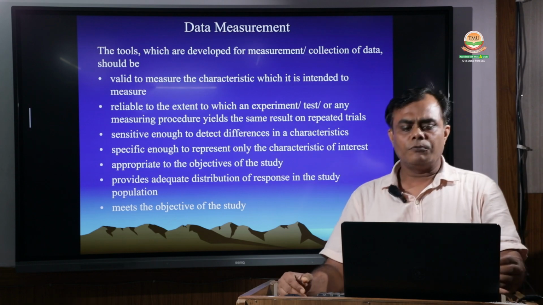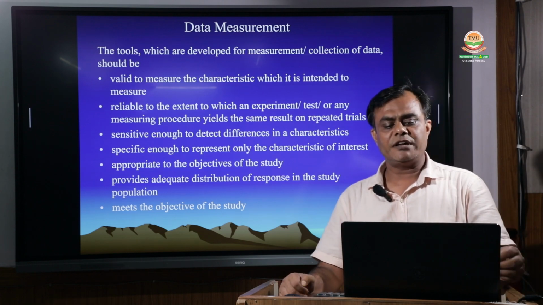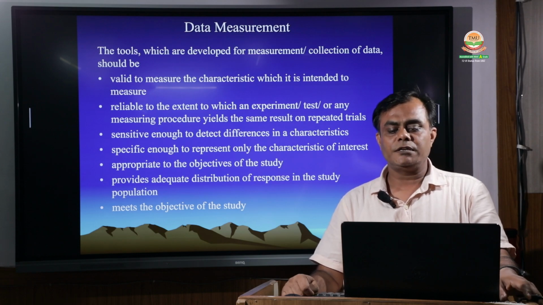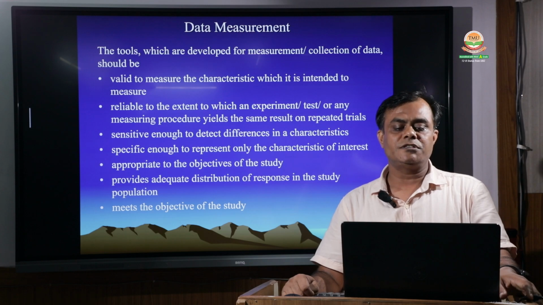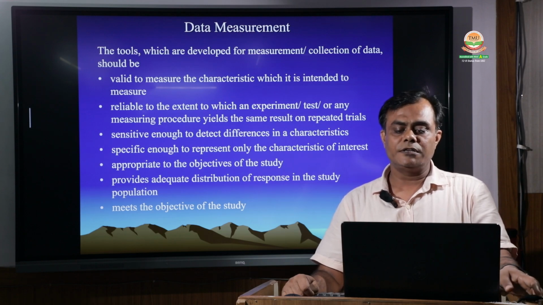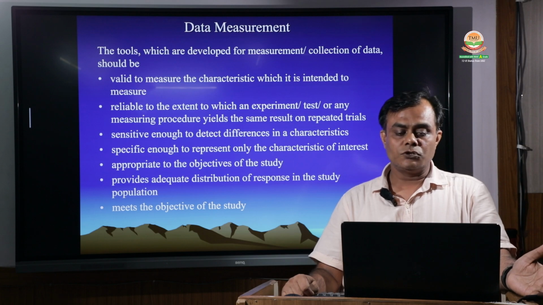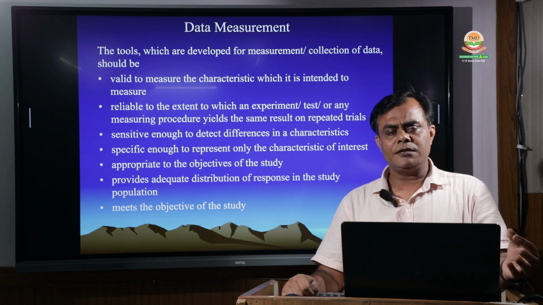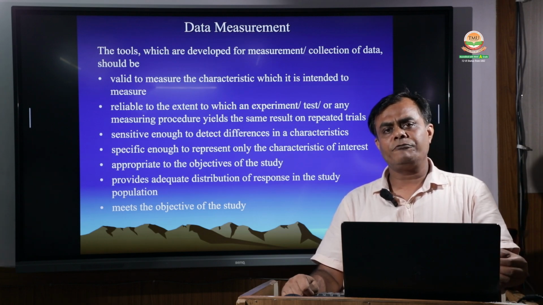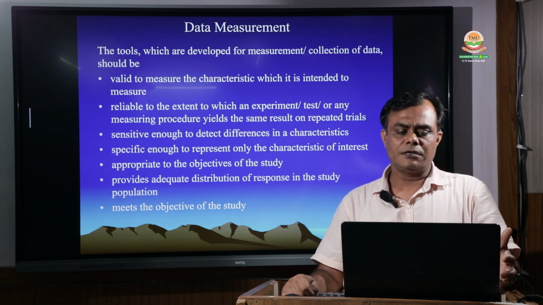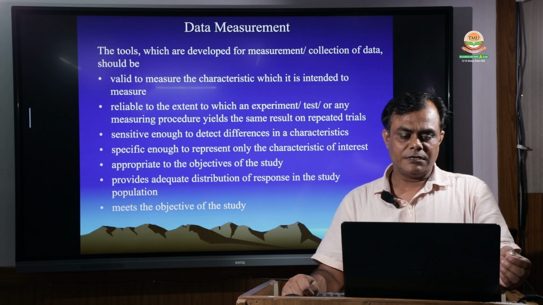So simply, whatever we intend to measure, we have to validate those characteristics. They should be reliable, to the extent to which an experiment, test or any measuring procedure gets the same result on repeated trials. So simply, reliability is when we repeat the same event or activity, we get the same result. That is called reliability.